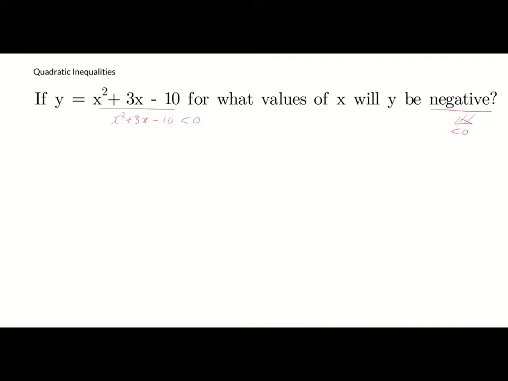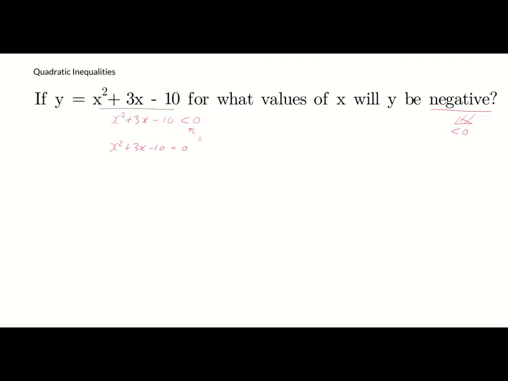To begin with, we are going to pretend this is an equal sign. So we just have an equation, and we're going to solve for x squared plus 3x minus 10 equal to 0. So how do we solve quadratic equations?